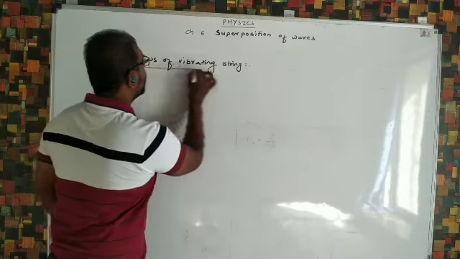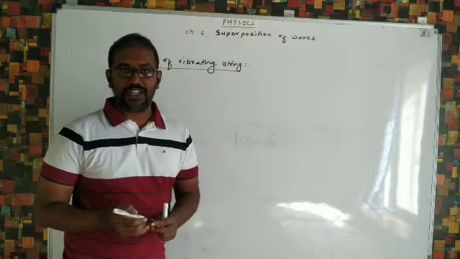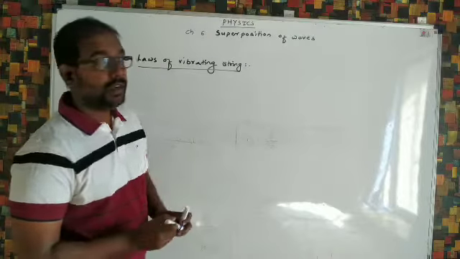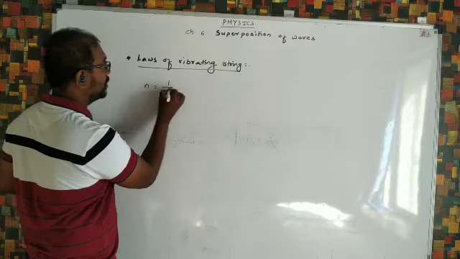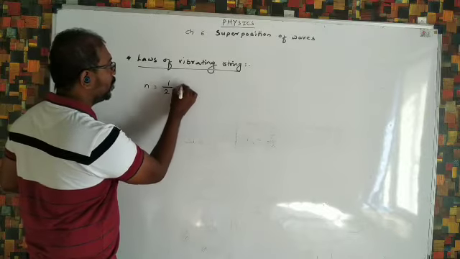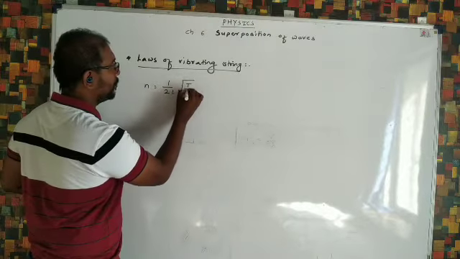Last time we already learned modes of vibration of string. In that we got the formula for fundamental frequency of vibration of string, given by n = 1/2L √(T/m).